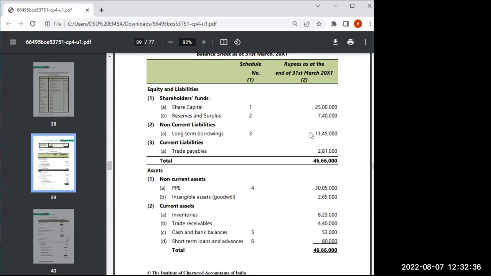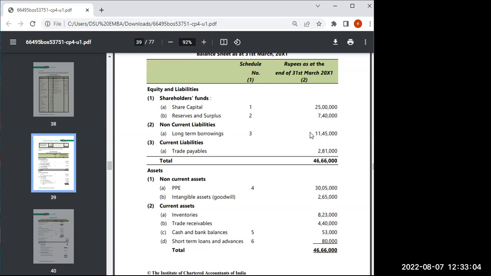So basically, if you write wages in the balance sheet, I will give you 0. Where do you write wages? P&L, expense side, employee benefit expense. If you write wages in the balance sheet, you will get 0. Suppose you write land and building in the P&L account, you are forcing me to give you 0.